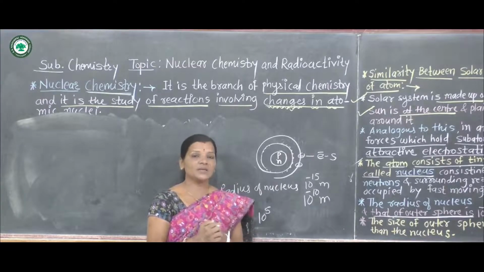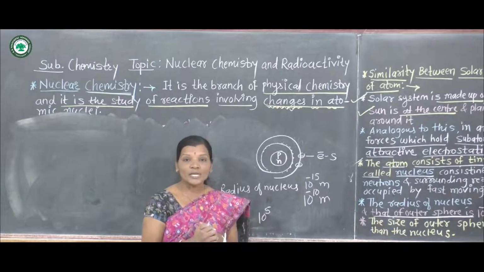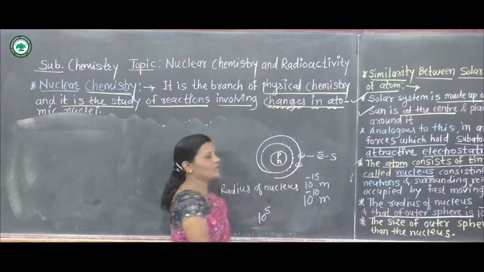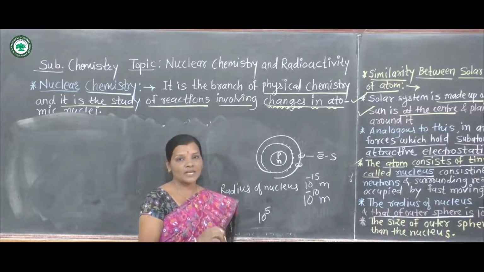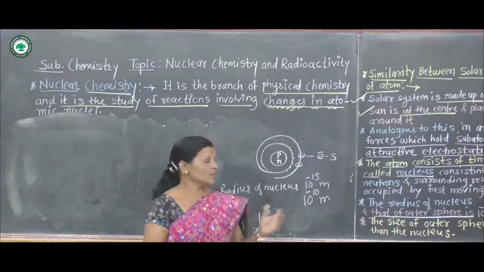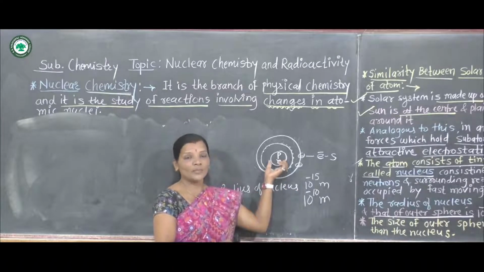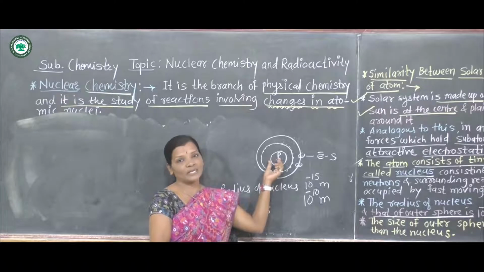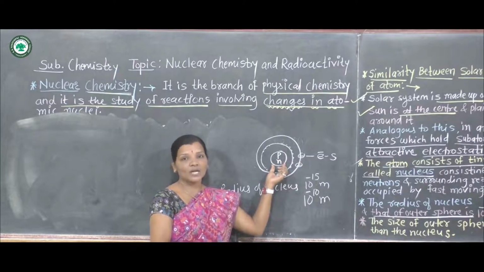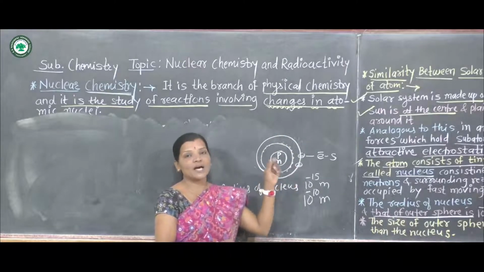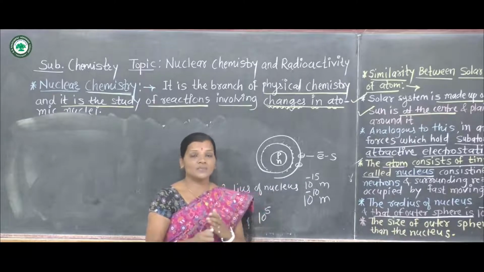Why? Because there is a difference between the radius of the nucleus and the outer sphere, so a large vacant space is present between them. At the central position of the atom, protons and neutrons are concentrated. Protons are positively charged particles, neutrons are electrically neutral, and around this nucleus fast moving particles are present at a specific distance.